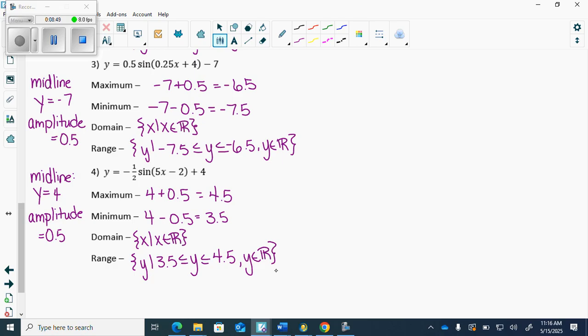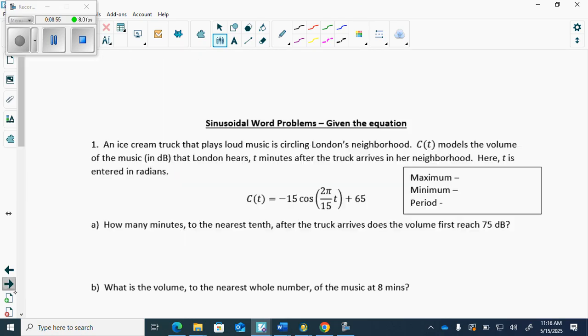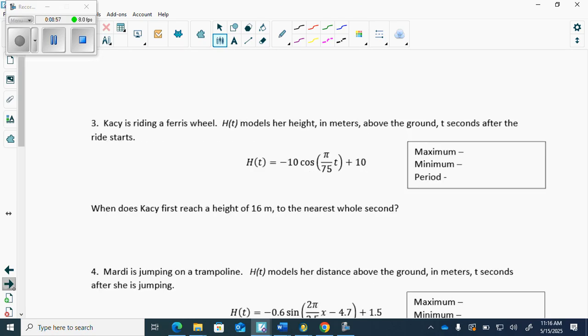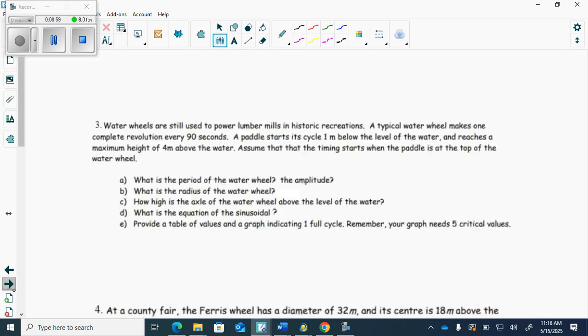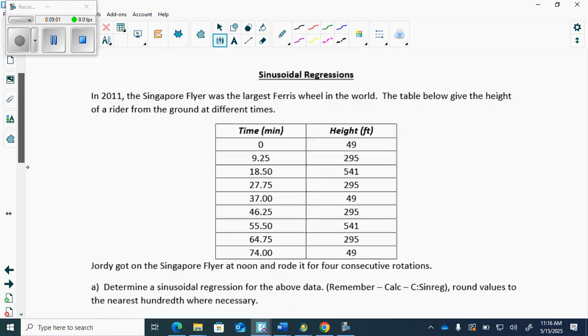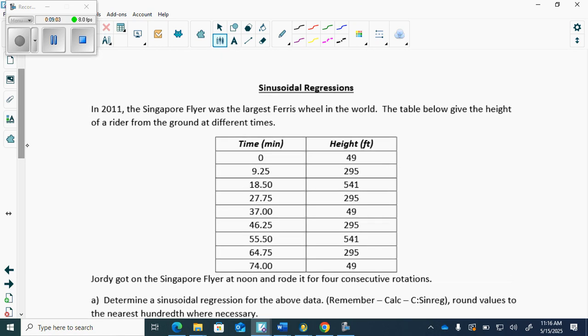Okay. Then flip over. Flip, flip, I'm coming back to those, and this one. So, last regression you're going to see this year. Sinusoidal regression. So we're going to type it in, and we're going to pick the letter C this time when we calculate.